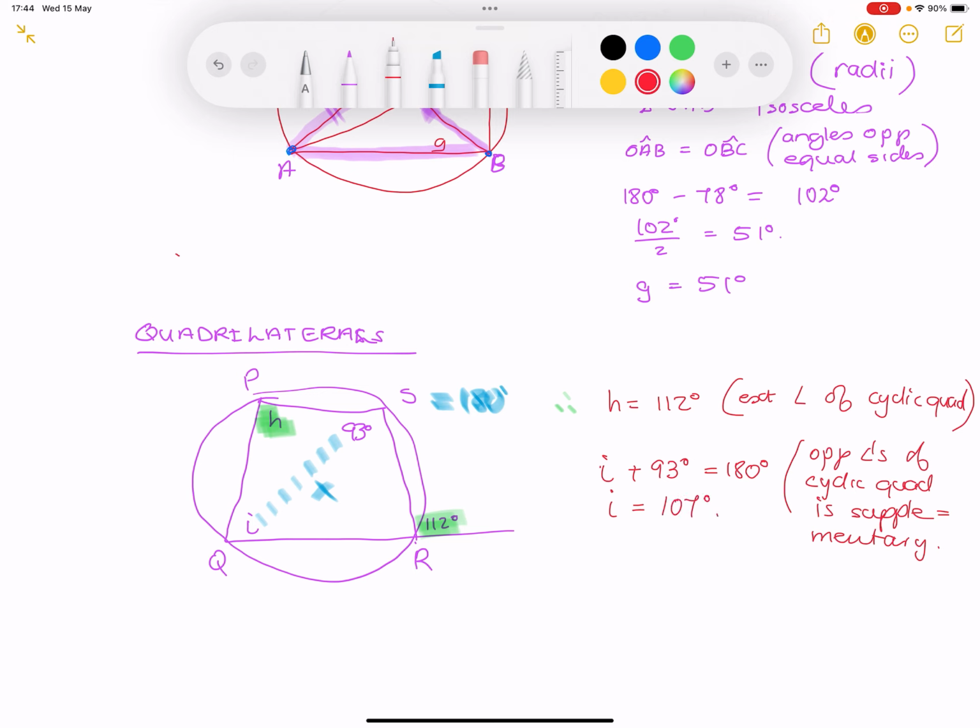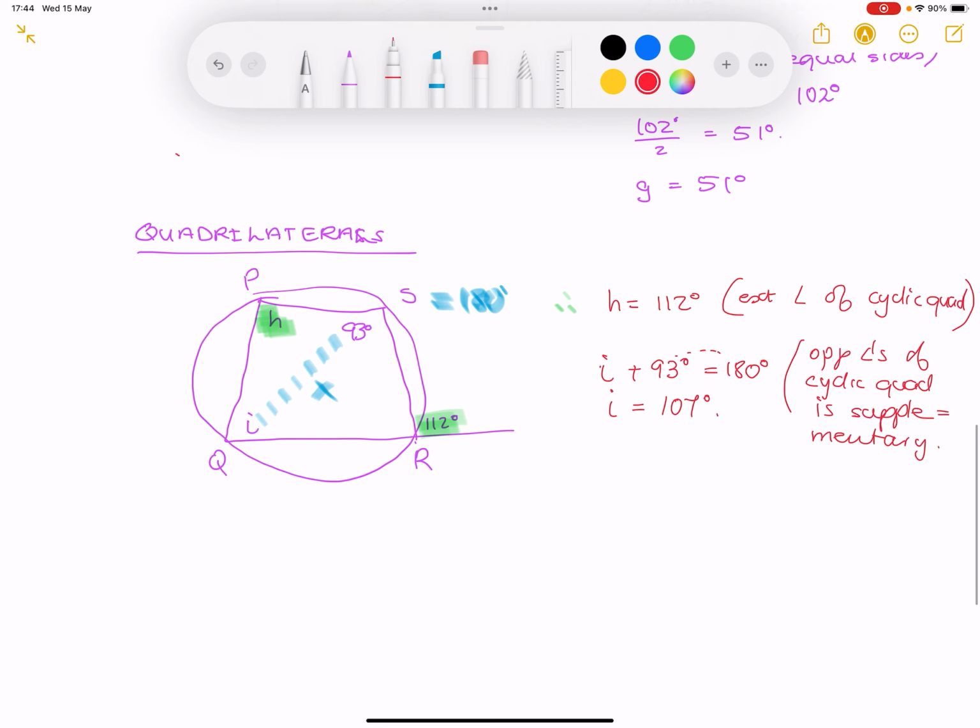Ma'am, if you minus it. Yeah. 180 minus 103 gives you 107, because you take that one over to that side. Yes, ma'am. You have it. Do I waste your time? No, ma'am.